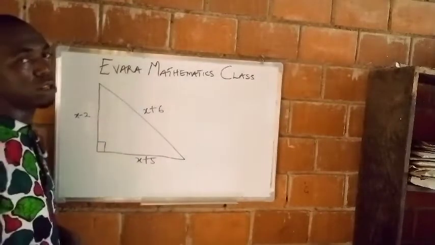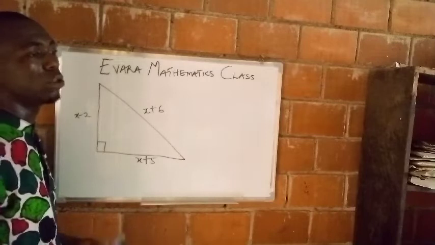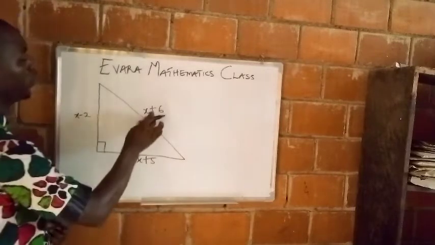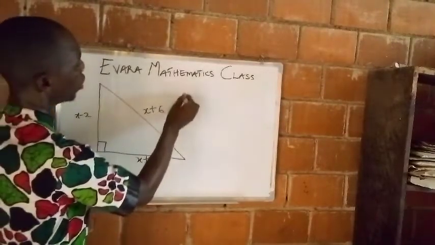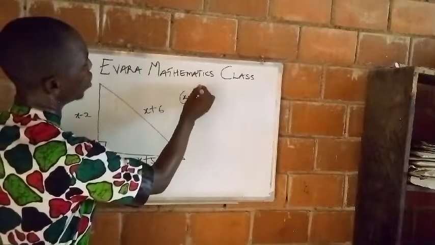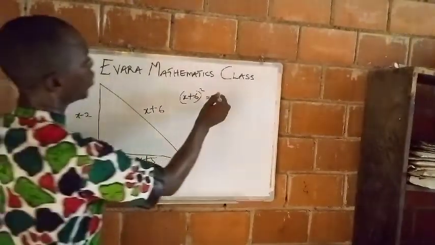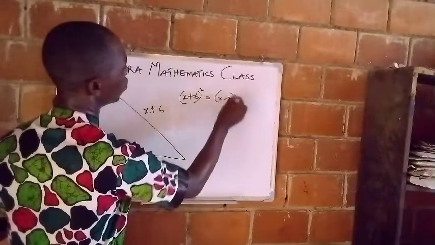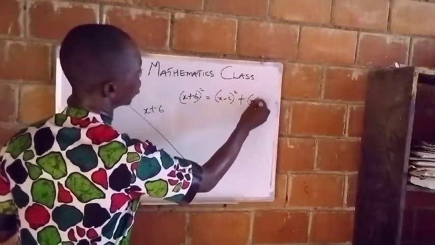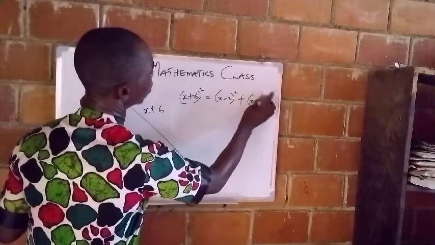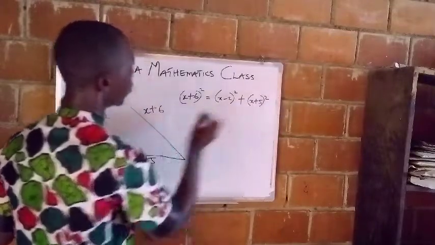Since it is a right angled triangle, we can use the Pythagoras rule, which means the square of the hypotenuse is equal to the sum of the squares of the other two sides. That is x minus 2, x plus 5 squared.